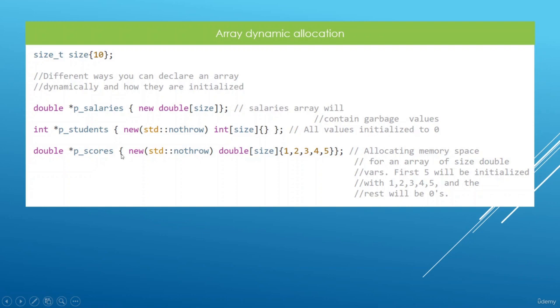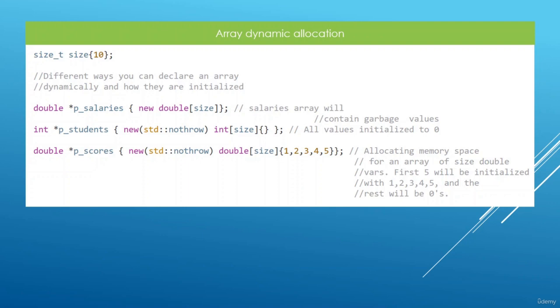We also have a pscores array. We are using the std::nothrow version of new, and it is going to be this size and initialized with 1, 2, 3, 4, 5. If the array is bigger than 5, the remaining slots are going to be initialized with zeros, just like we saw with the arrays we have learned about previously that were stored on the stack.